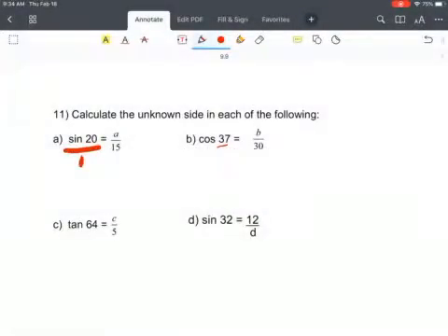If I wanted to find the value for A, I would cross multiply and get 15 sine of 20 equals A. So type in sine of 20 times 15 on your calculator, and you will get A is about, rounding to 3 decimal places, 5.13.